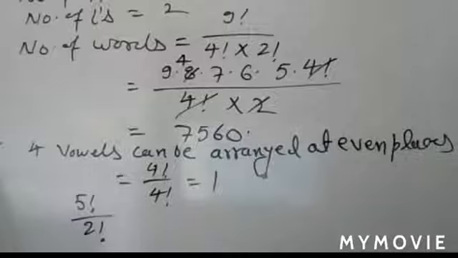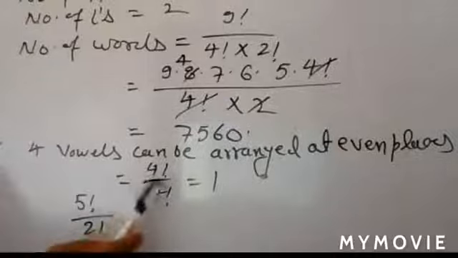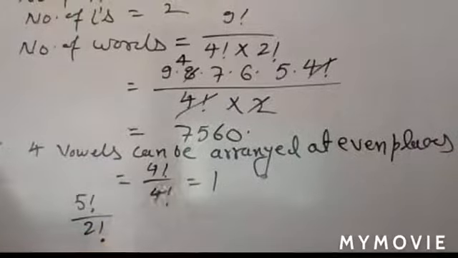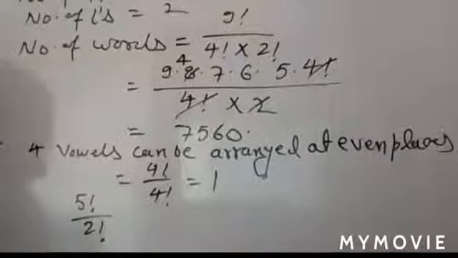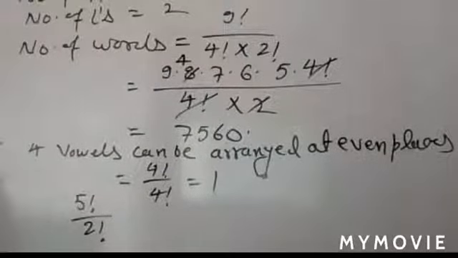But that will not happen in every situation. It depends upon the situation. So you have to build up your concept, as per the situation, in which way you have to face it. So here you have factorial 5 upon factorial 2. That is your answer. Simplifying, what is its value? Here you have 60. So 60.